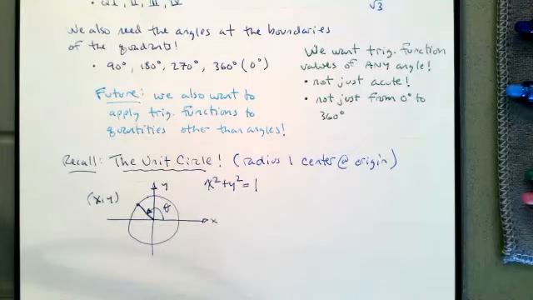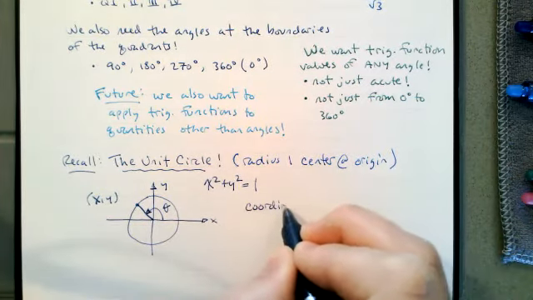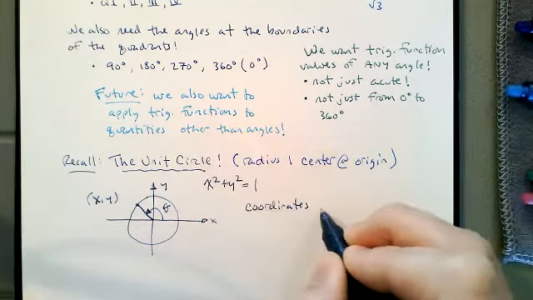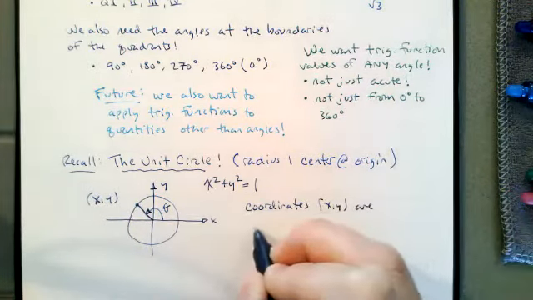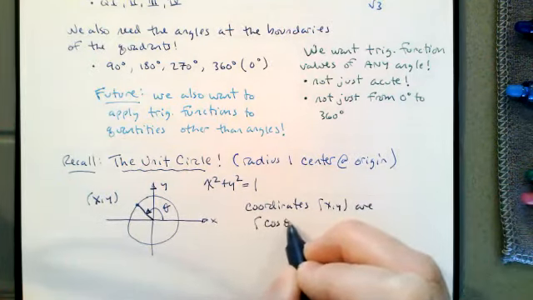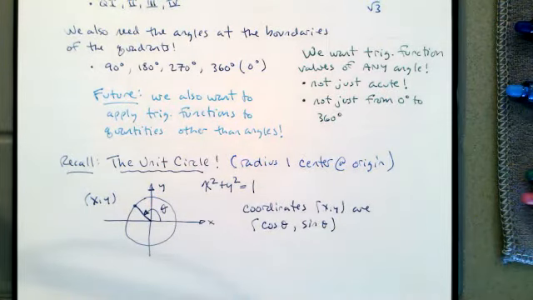So the coordinates of the point on the unit circle are cosine and sine. The x-coordinate is the cosine of theta. The y-coordinate is the sine of theta.